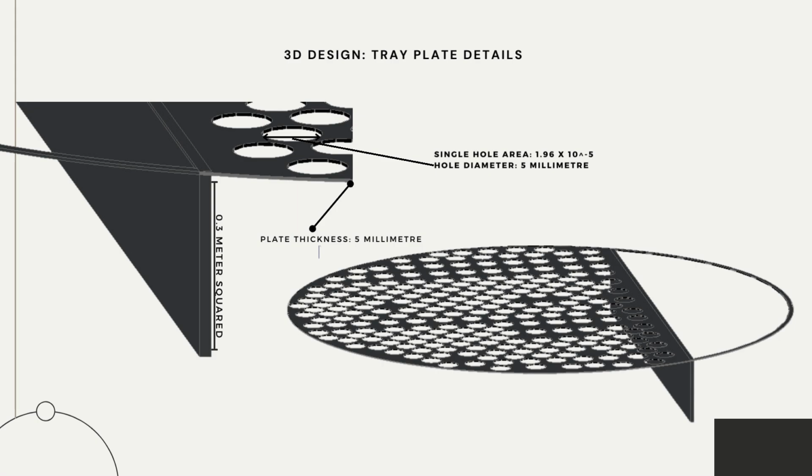This design is aimed at enhancing the overall efficiency of the distillation process, ensuring optimal separation and minimizing potential issues such as flooding or weeping. The precise measurements and robust construction of the tray plate contribute significantly to the distillation column's performance, reflecting careful consideration of both operational and structural requirements.